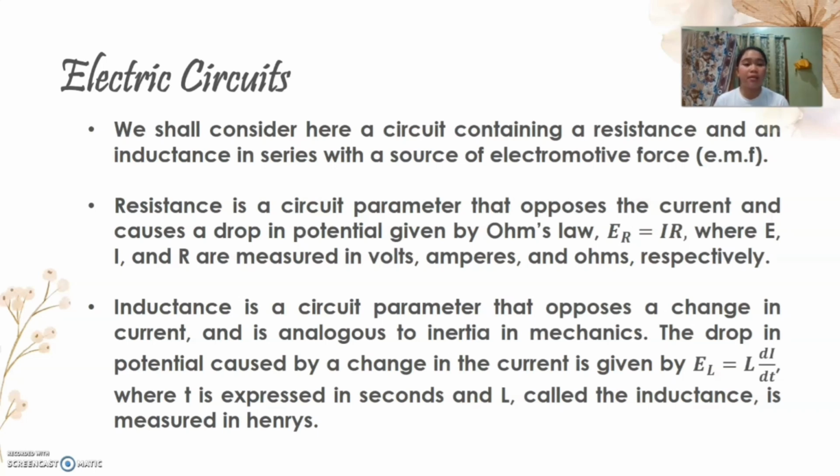Inductance is a circuit parameter that opposes a change in current and is analogous to inertia in mechanics. The drop in potential caused by a change in the current is given by E sub L, which is equal to L di over dt, where t is expressed in seconds and L, called the inductance, is measured in Henrys.